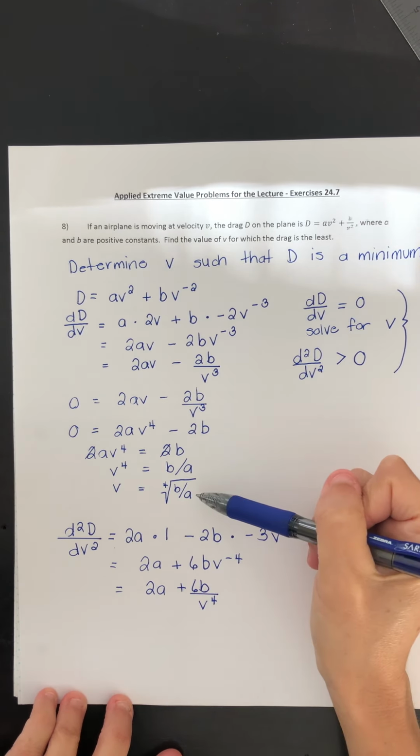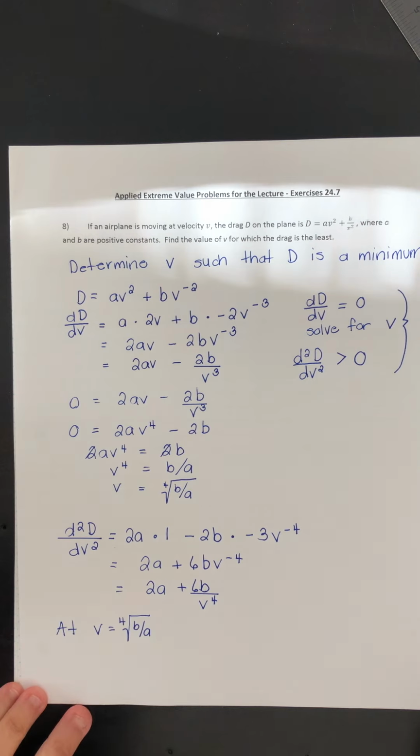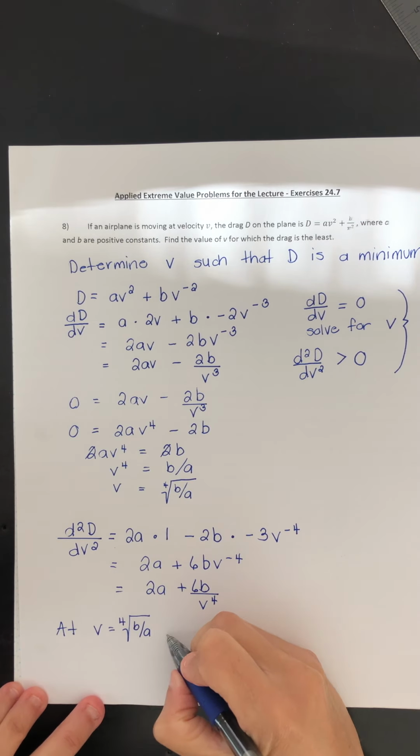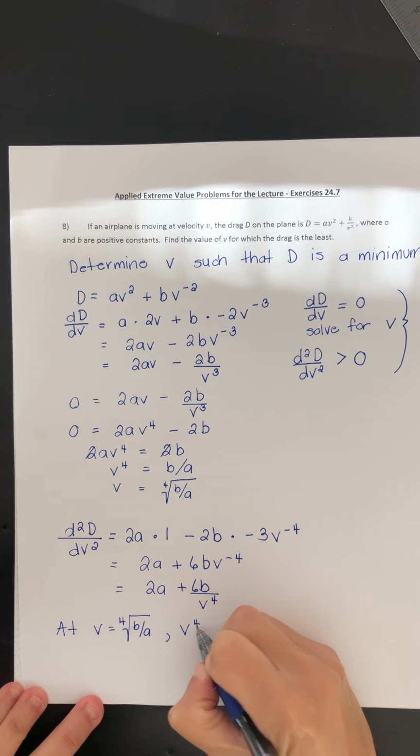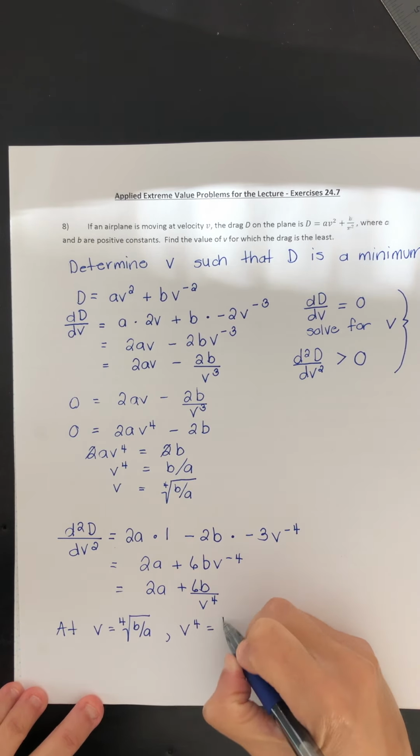Okay, now look, in our actual equation, we have v to the 4. So it would make sense to just substitute b over a right here. So when the velocity is the 4th root of b over a, then v to the 4, remember, is b over a.